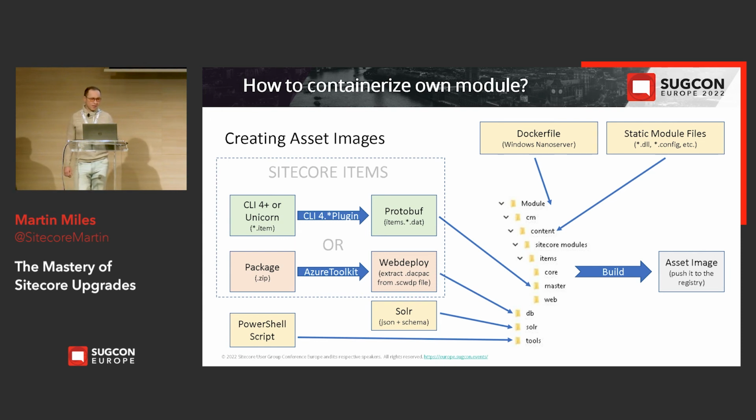And you may also put a PowerShell script into the tools folder that does some logic when you need it to happen. But there is a tool called Docker Asset Image Creator, and tomorrow its author, Robert Hawk, will show it in action. If you want to, you can stick to his session.